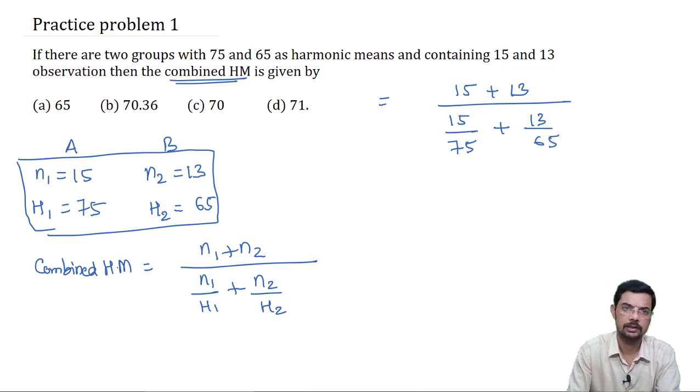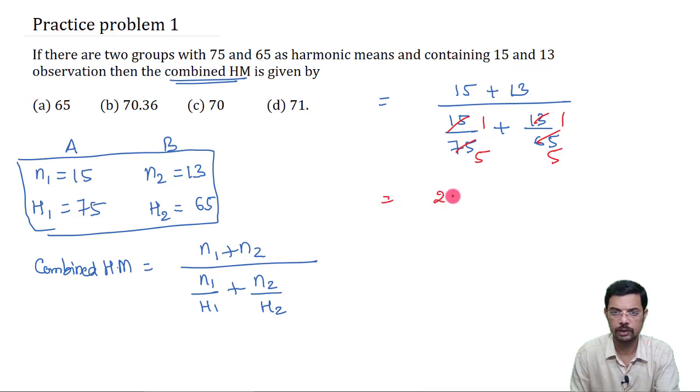We can cancel: 15 into 5 is 75 and 13 5s are 65. So we have 1/5 plus 1/5. The numerator is 28, and 1/5 plus 1/5 is 2/5. This simplifies to 28 into 5 by 2.